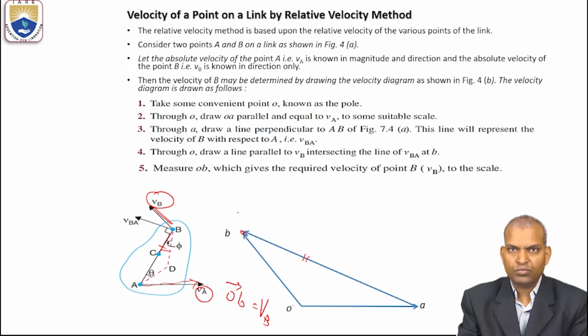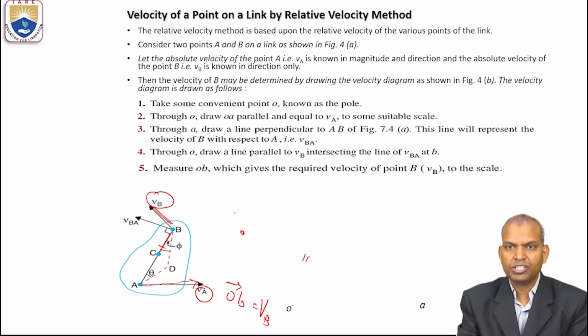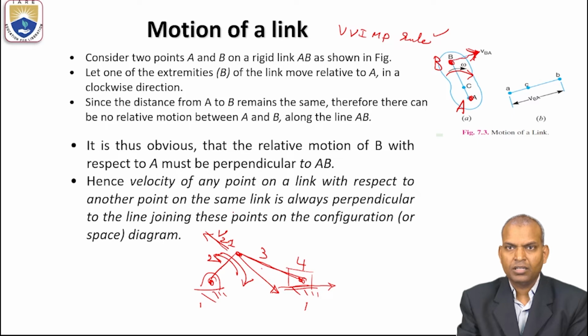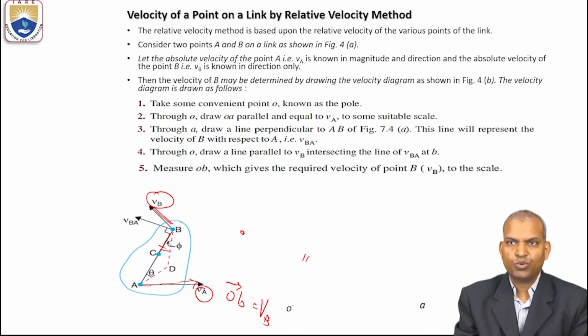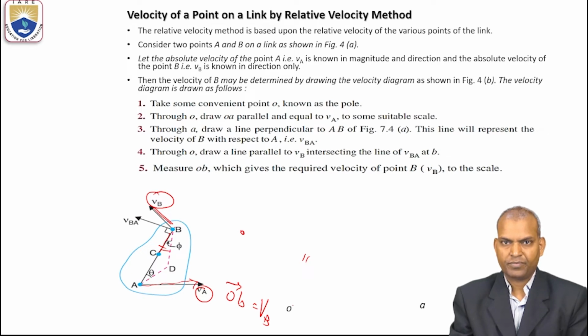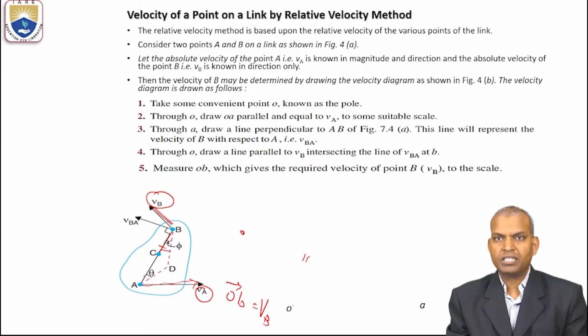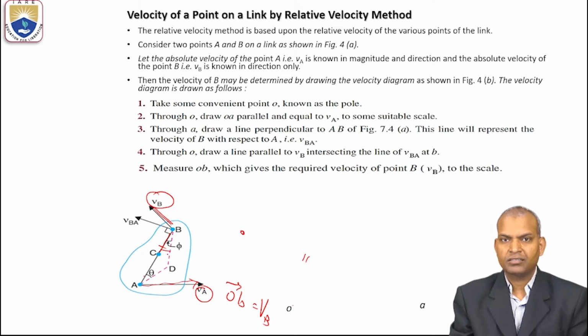Again, let us begin one more time to understand better. The relative velocity method is based upon the relative velocity of various points on the link. Let us consider 2 points A and B on a link.